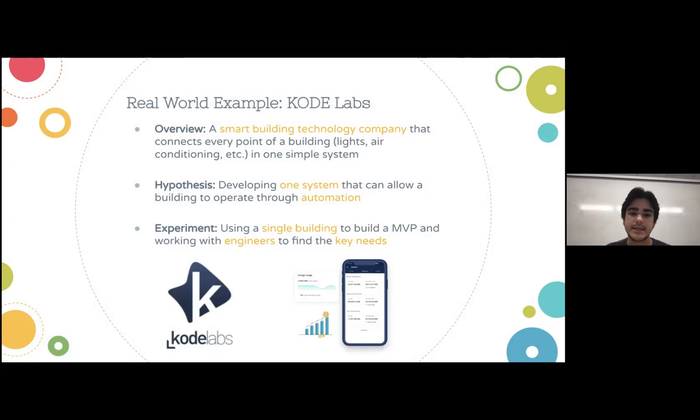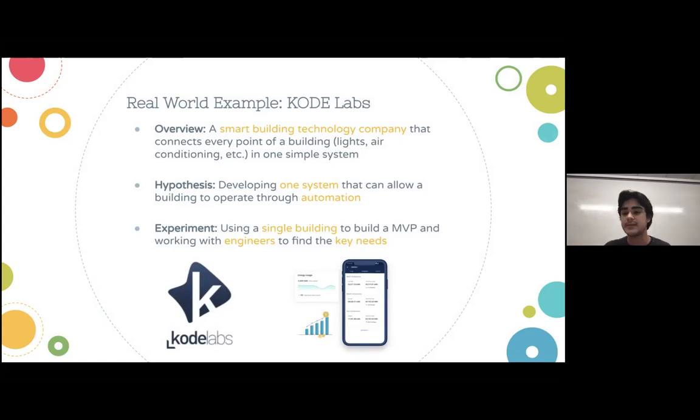So Code Labs is a smart building technology company that connects every point of a building, from lights, air conditioning, and water, on one simple system. Their hypothesis was developing that one simple system that can have a building operate directly through automation with no human interaction. So they went through all the steps in developing the hypothesis, and this was the end result.